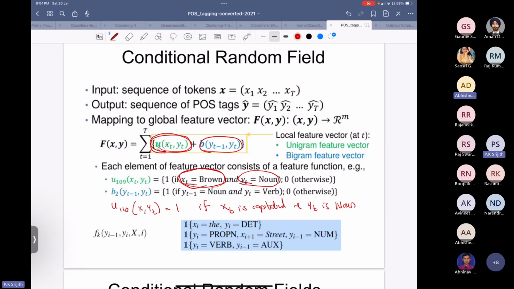The features it constructs out of xt, yt could be something like: if xt is brown and yt is noun, it will be 1. As I said, another feature could be: if xt is capitalized and yt is noun, it will be 1. You can construct several features in this way, and the features it constructs based upon these label pairs could be like this: if yt minus 1 is noun and yt is verb, it will take a value of 1, and otherwise it is going to be 0.